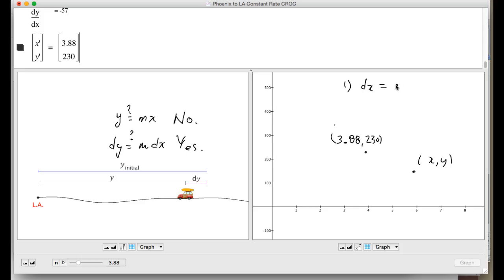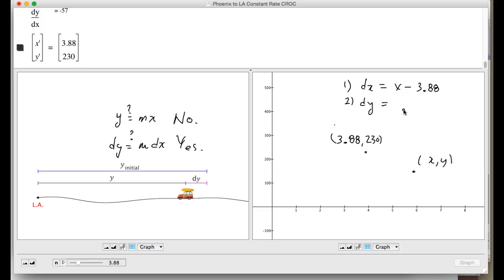x minus 3.88, the final value, which could be any number of hours, minus the initial value, which we're setting at 3.88 hours. Someone else take over. What was the next step in the process? Yes, sir? We're going to express dy. Are we going to do that by y final minus y initial?